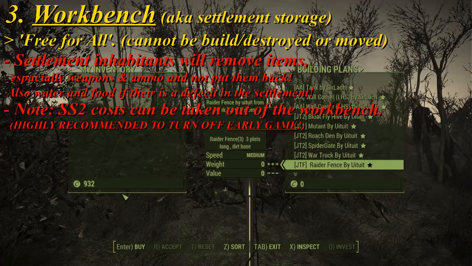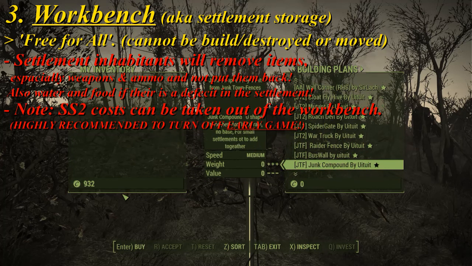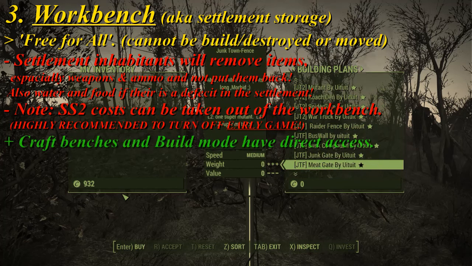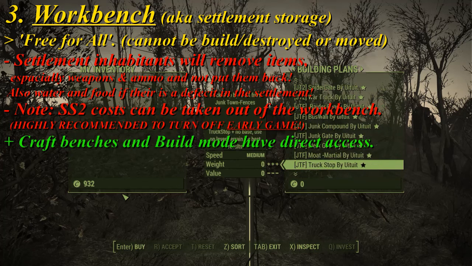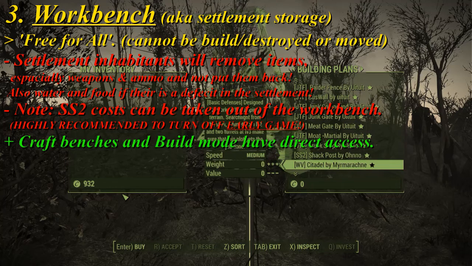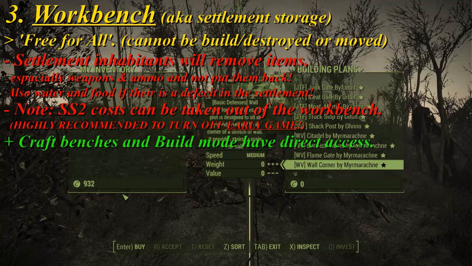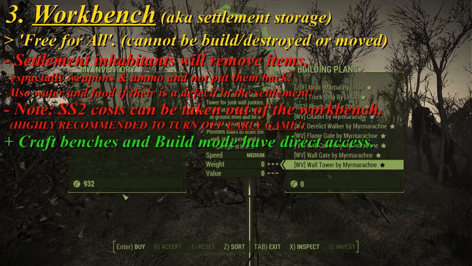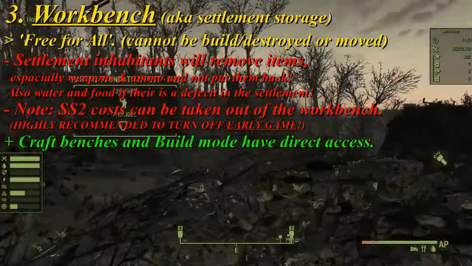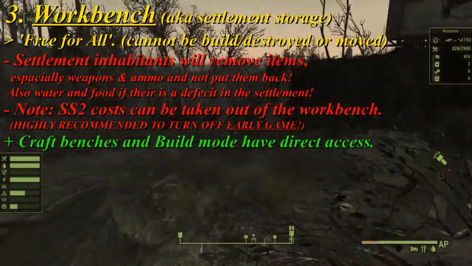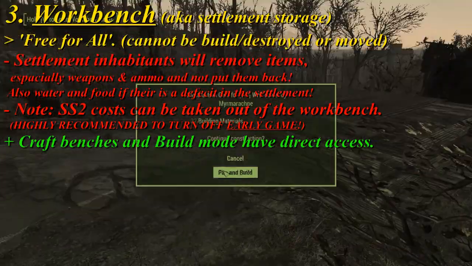But what are the benefits of workbenches? Well, for one thing, all your crafting benches within a settlement will have access to this workbench, meaning that if you create mods, the materials required for those mods will be taken out of your workbench. If the workbench does not have those items, it will be taken out of your personal inventory, and if your personal inventory doesn't have the required ingredients, then you cannot make it.